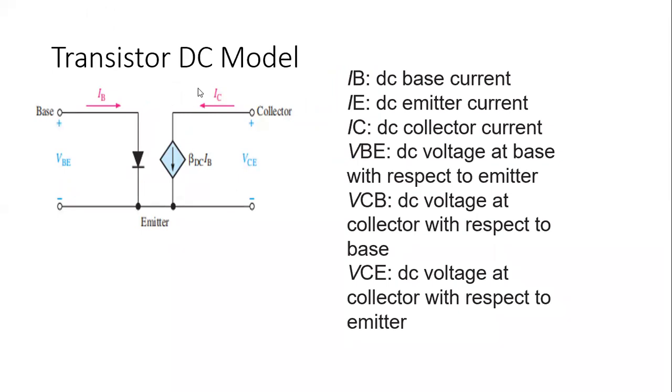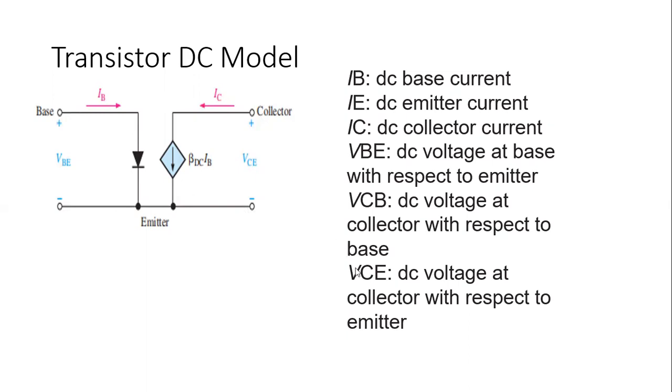So transistor as a DC model, we will see IB is the DC base current, IC is the DC collector current, and IE is the DC emitter current. VCE represents the DC collector to emitter voltage. VBE represents the DC base to emitter voltage.